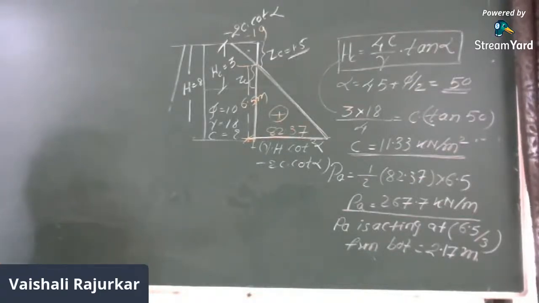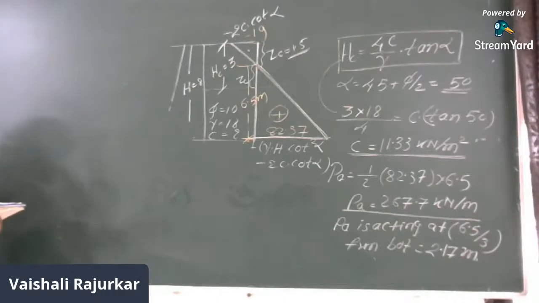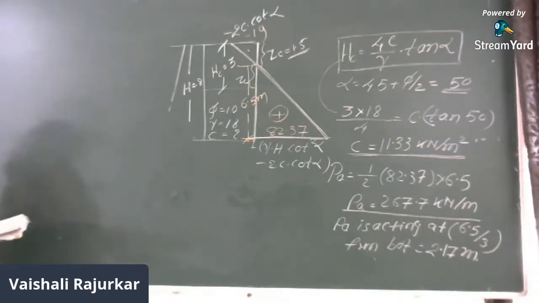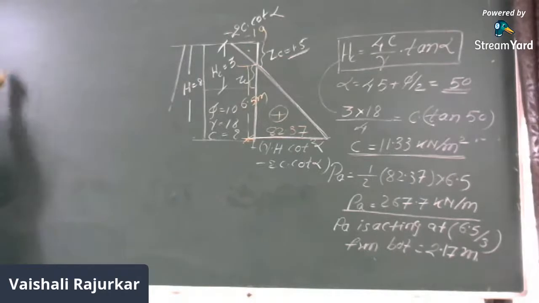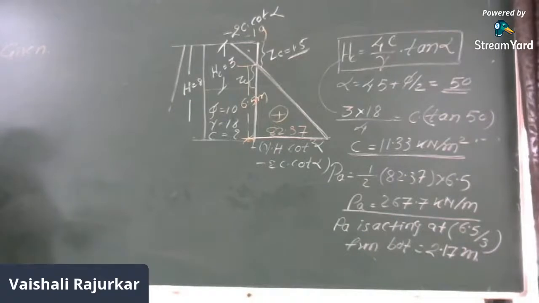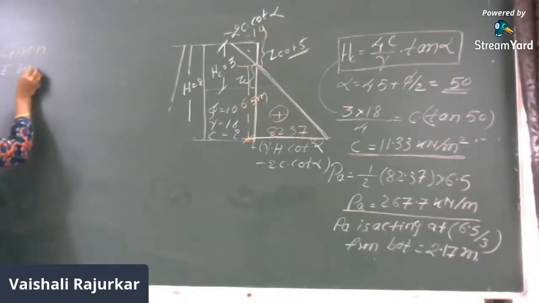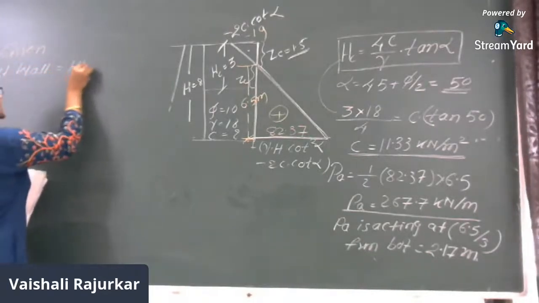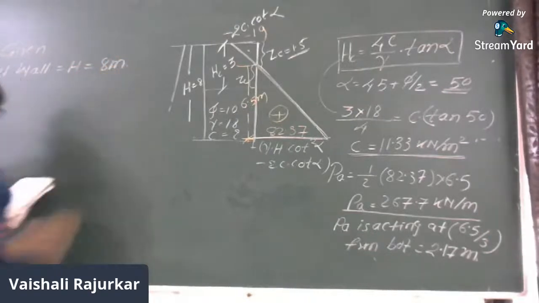So in this case, the retaining wall 8 meter high retains cohesive backfill. Now here, the data which is given: retaining wall of height H is equal to 8 meters.